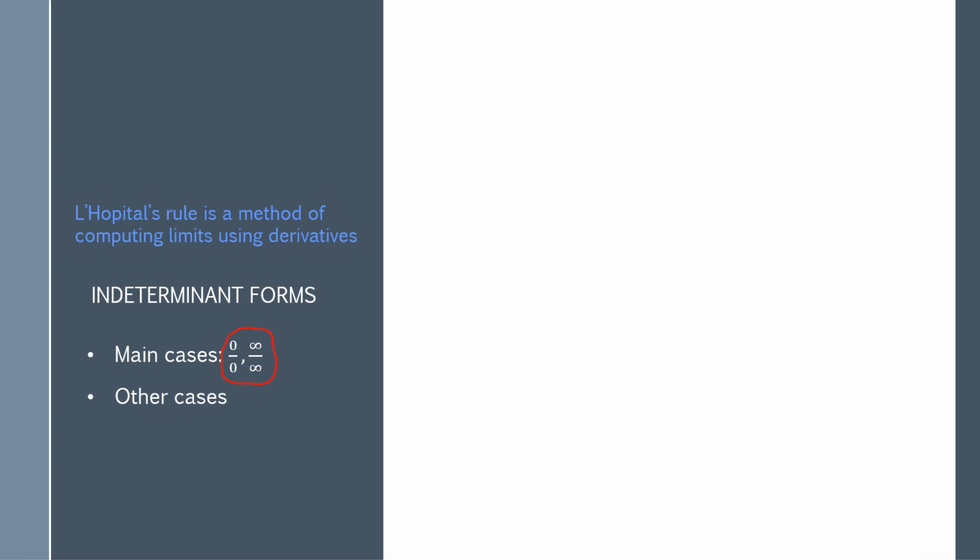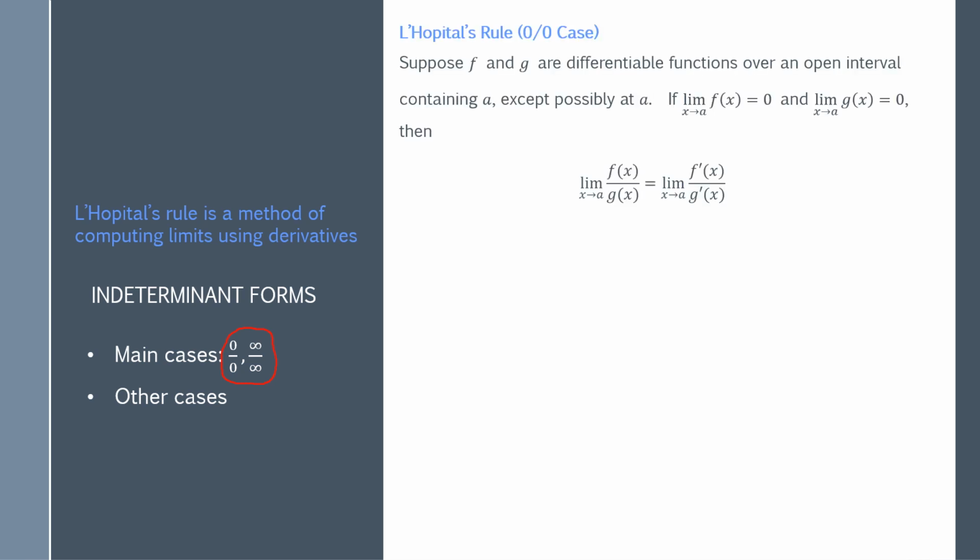Let's take a look at the formal statement of L'Hopital rule, the case 0 over 0. Suppose f and g are differentiable functions over an open interval containing point a, except possibly at a. That is, our functions f and g don't necessarily have to be differentiable at a.